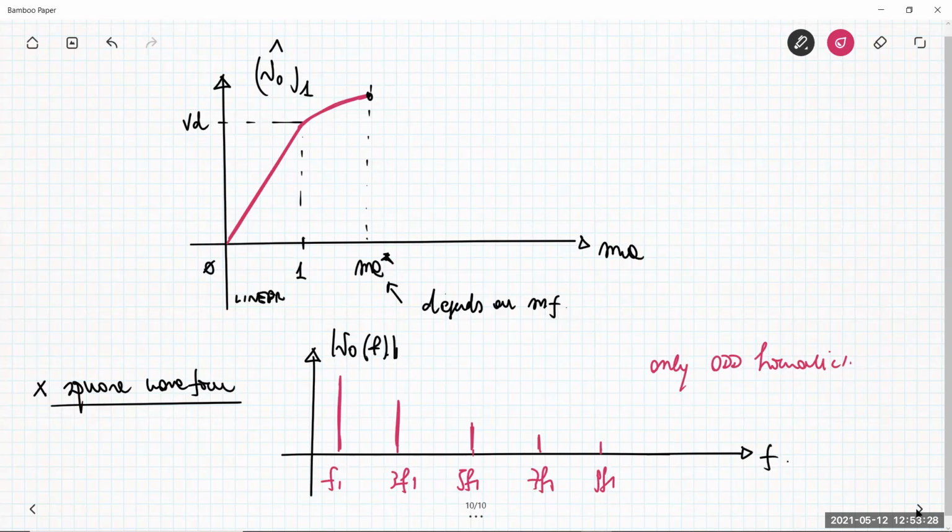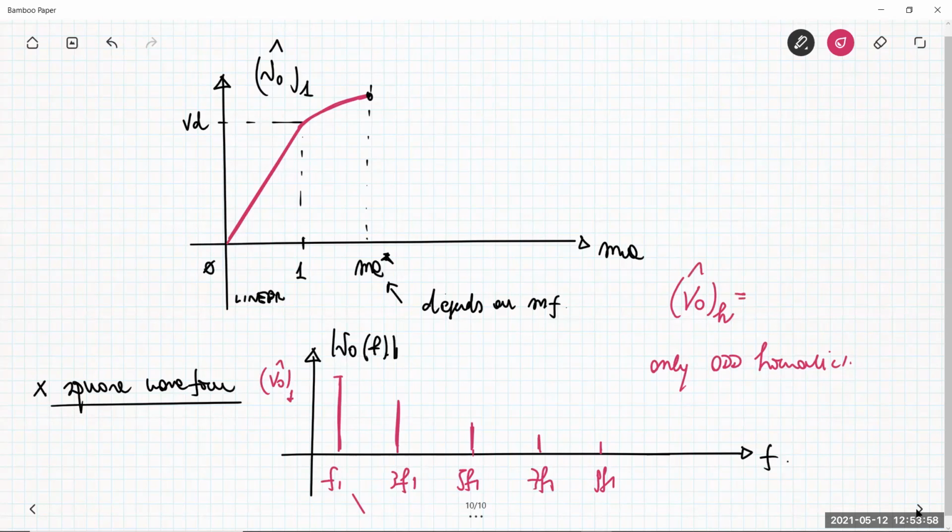Basically the amplitude can be described in this way. This is V naught H. H is an integer giving you the order of the harmonics, okay? Because when H is 1, it is the amplitude of this waveform here. And then you have V naught 3, etc., etc.